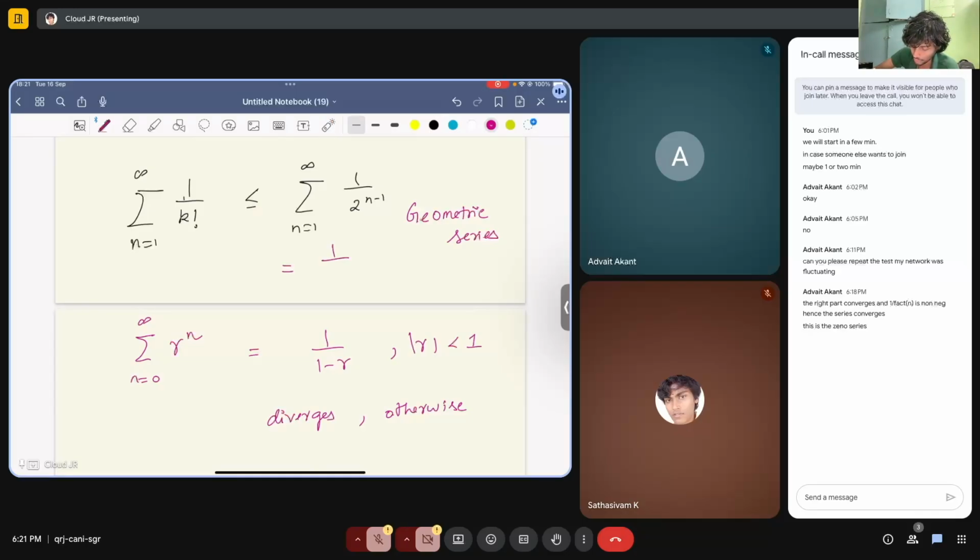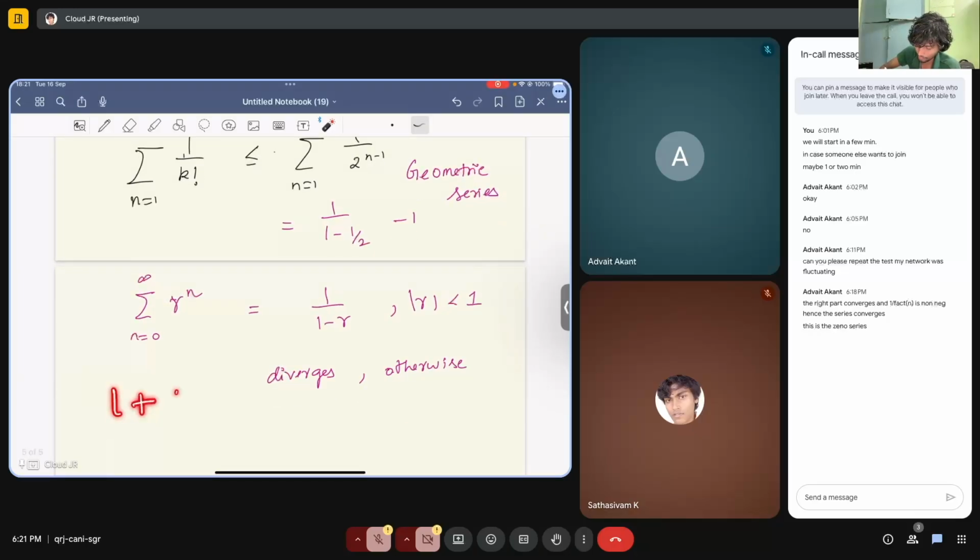The limit is 1/(1 - 1/2), because if you write the geometric series with r equal to 1/2 here, then you will have some 1 coming in the front. It will be 1 plus summation n equal to 1 to infinity 1/2^(n-1).